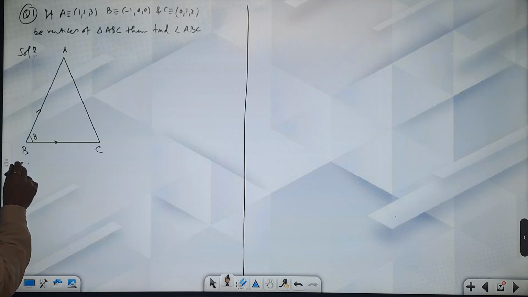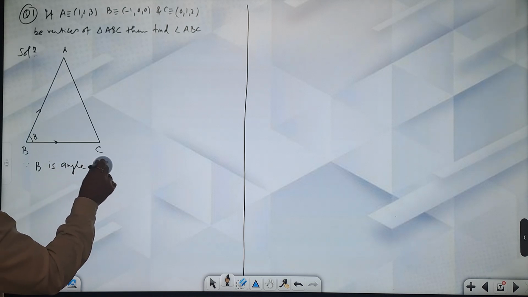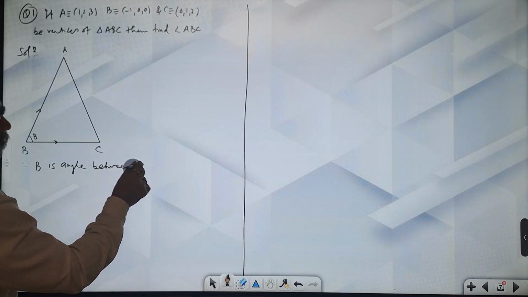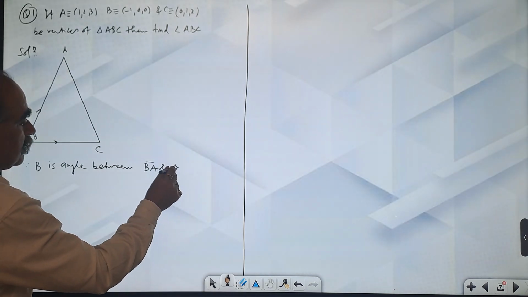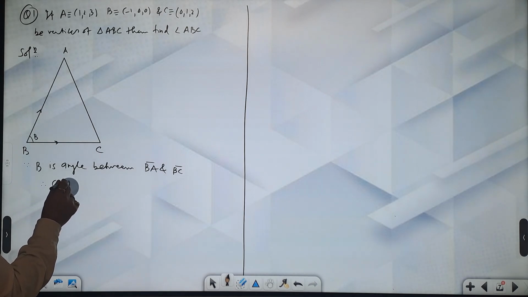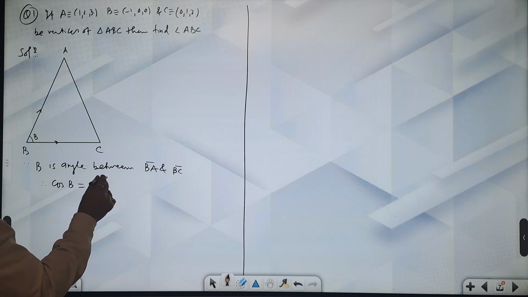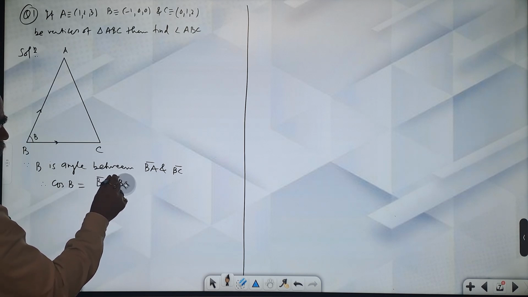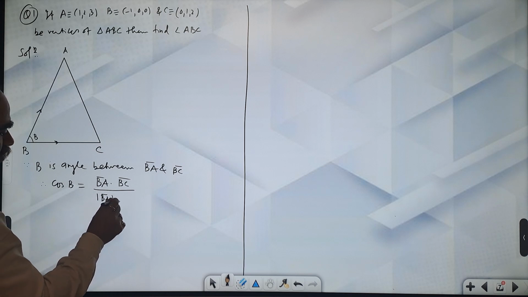Since B is the angle between BA bar and BC bar, cos B is what? BA bar dot BC bar upon mod BA bar into mod BC bar.